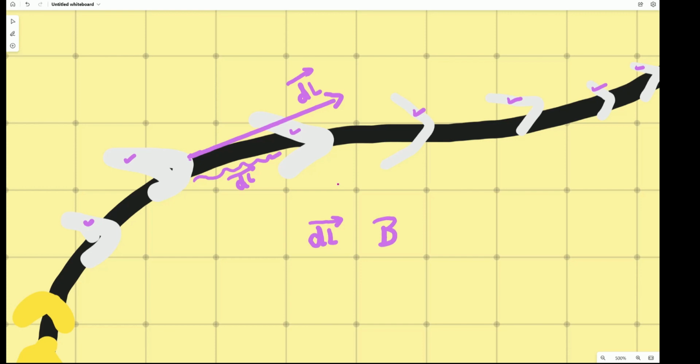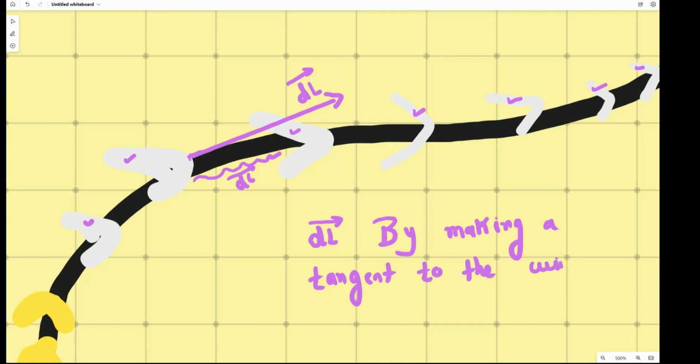By making a tangent to the wire carrying the current. To the wire carrying the current.